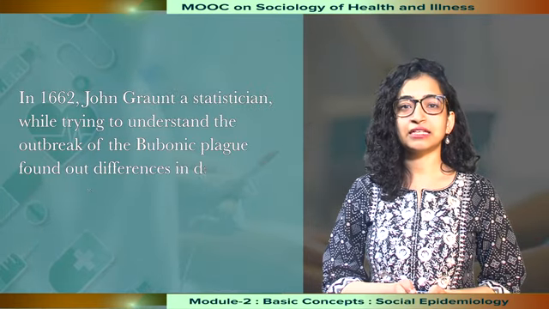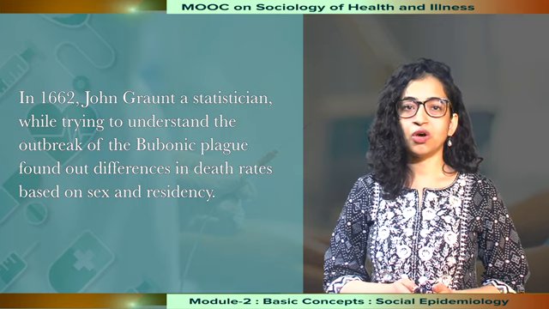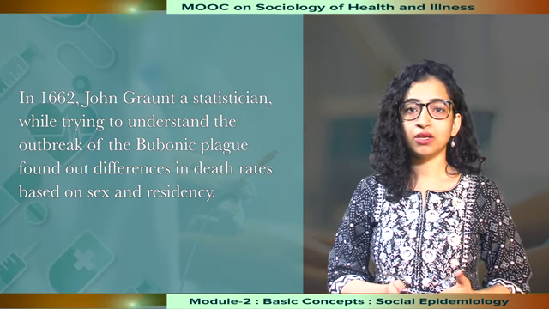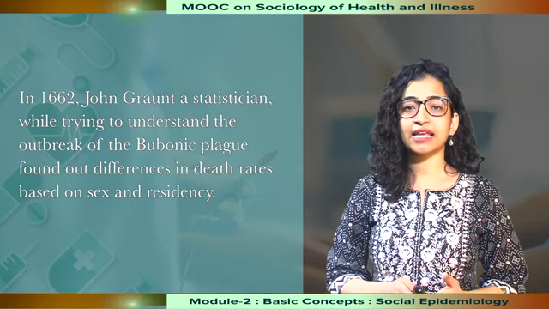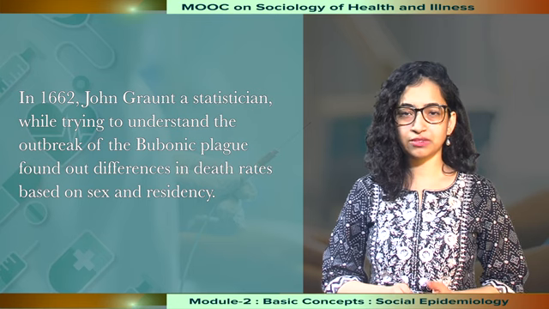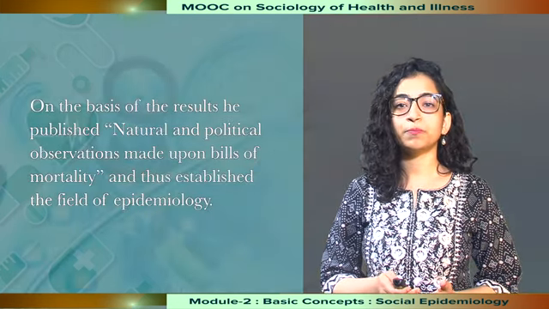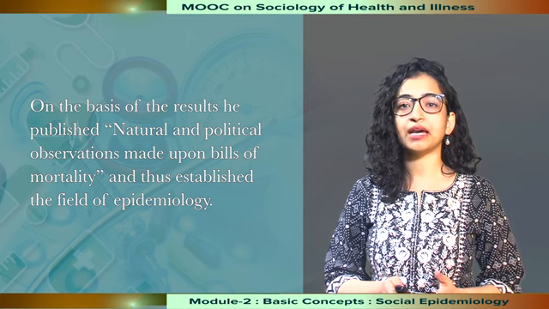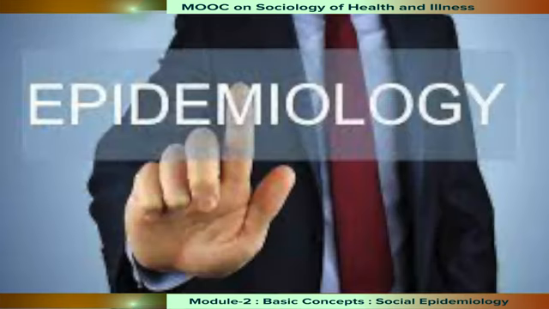In 1662, John Grant, a statistician, while trying to understand the outbreak of bubonic plague, found differences in death rates based on sex and residency patterns. On the basis of his results, he published Natural and Political Observations Made upon the Bills of Mortality, and thus established the field of epidemiology.